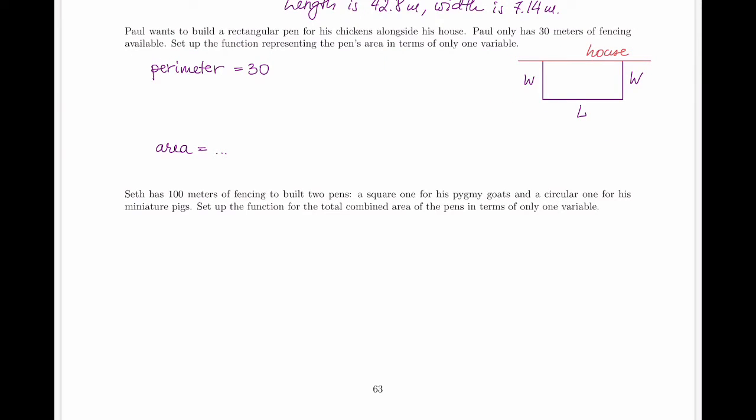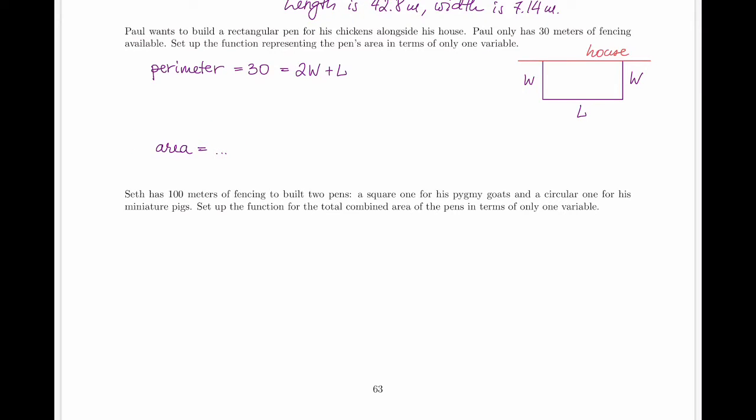So it's the amount of fencing he has available, so that means that W plus L plus W has to be 30, or 2W plus L. So this 30 is equal to 2W plus L. Now, what about the wanted quantity, or my area?